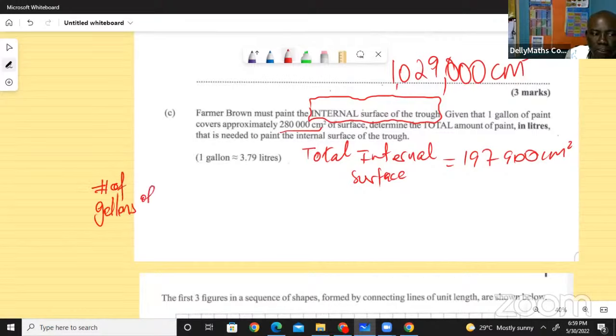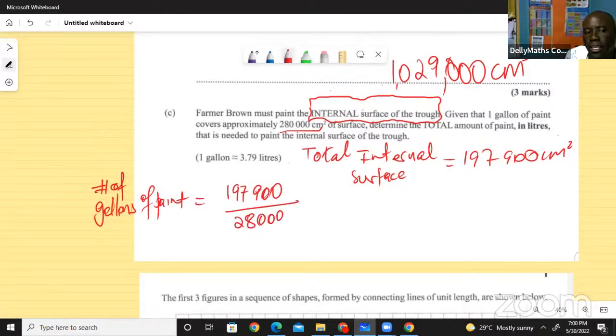The number of gallons of paint is going to equal 197,900 divided by 280,000. When I divide this by the 280,000, I'm going to get how many gallons I need, because the 280,000 is like saying this is 1 gallon. This is the marker.